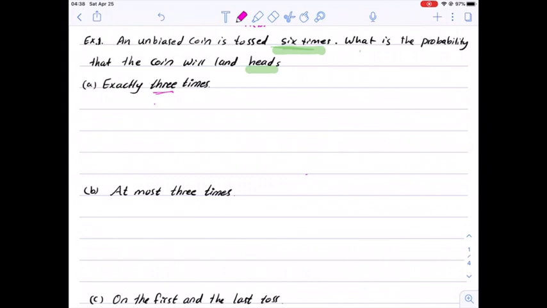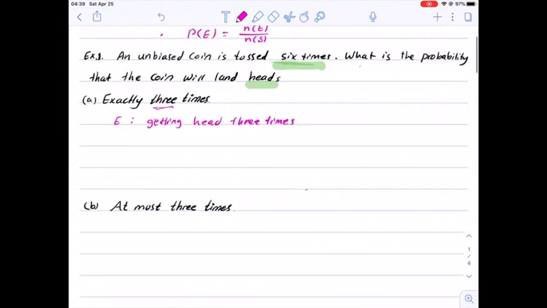Okay, now first we define the event. The event E is getting heads 3 times. And after that we want to find the probability. Here it's not easy to determine all of the outcomes of the sample space because the coin was tossed 6 times.